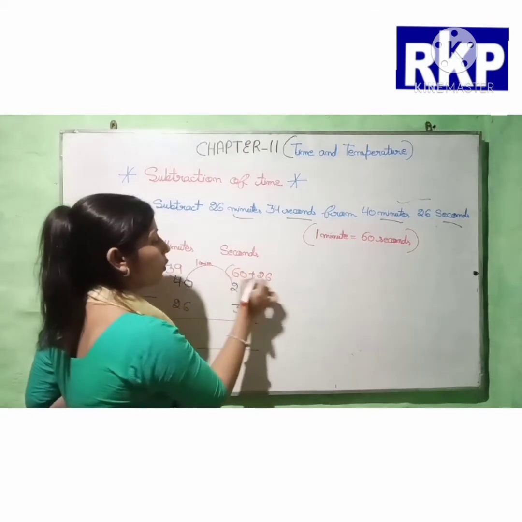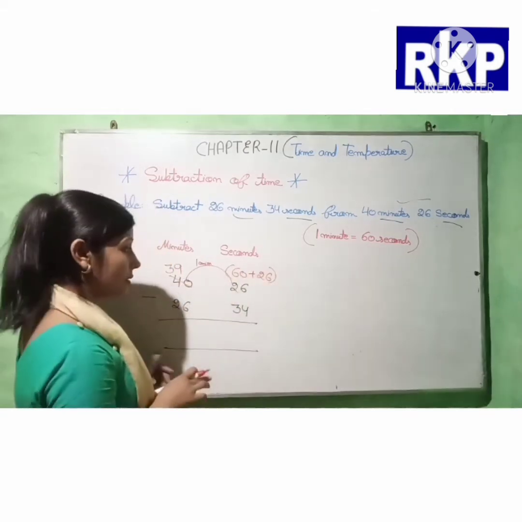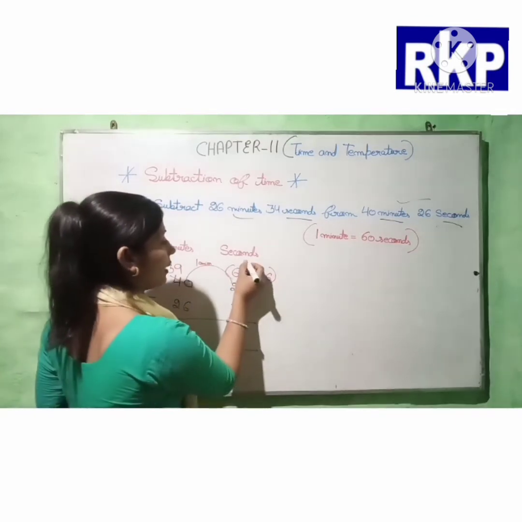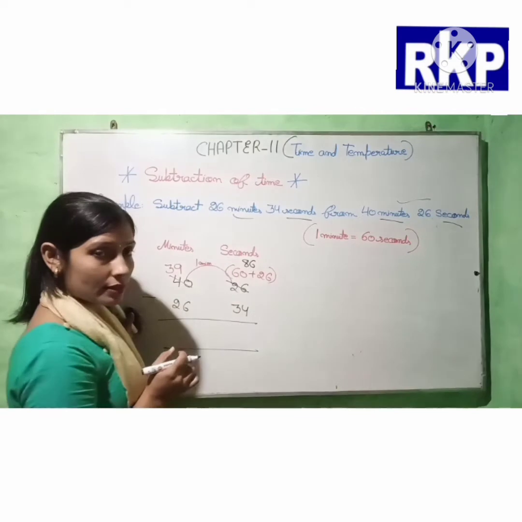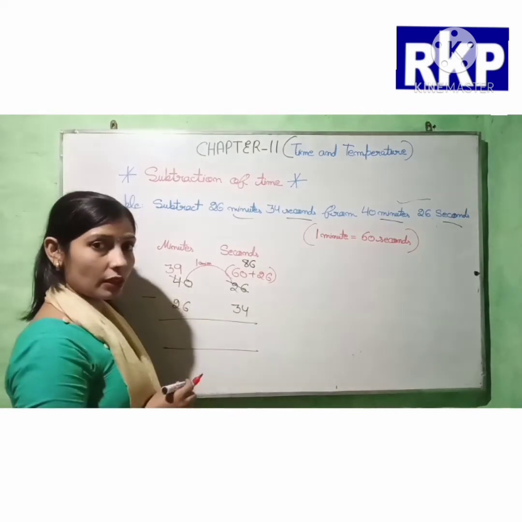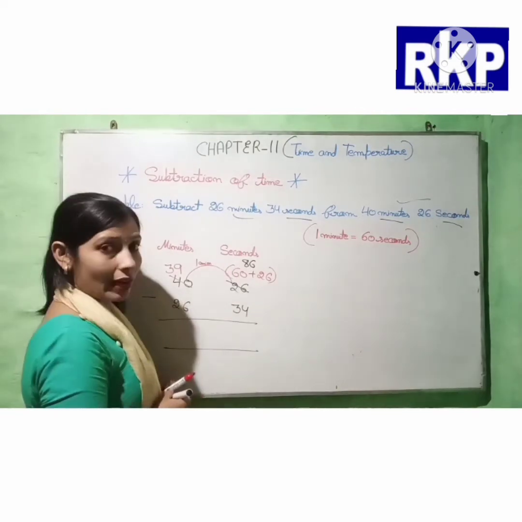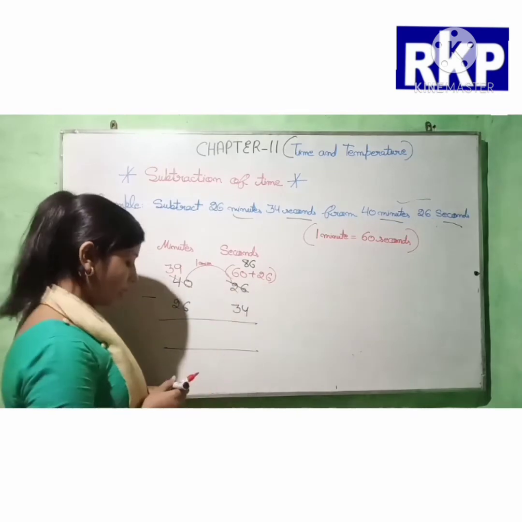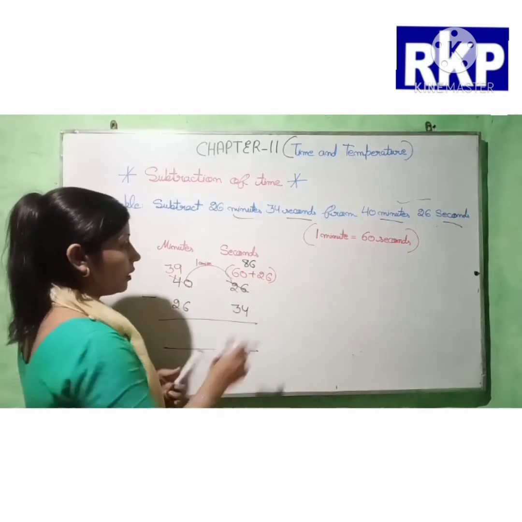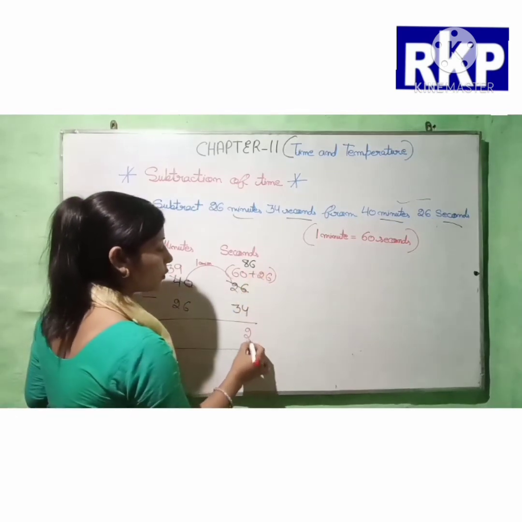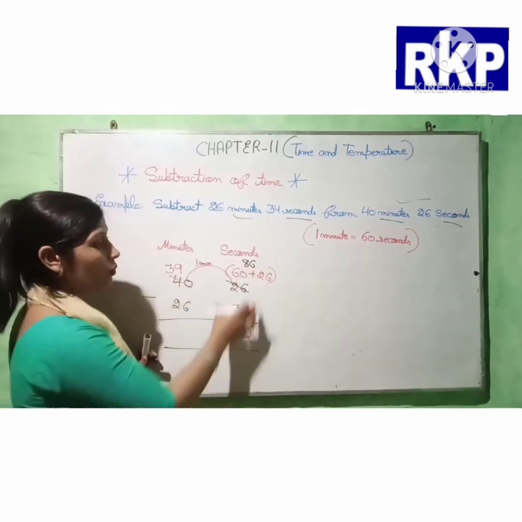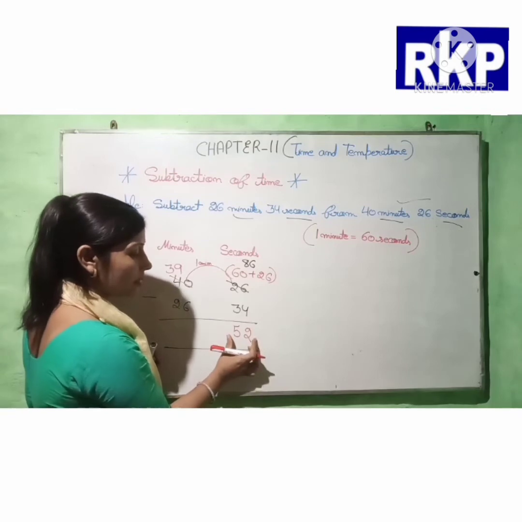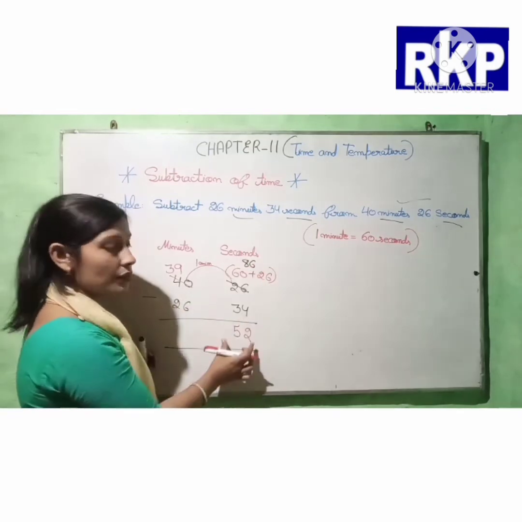Okay, so 60 plus 26 will be 86. So here we have 86 and here we have 34. Now we have to subtract 34 from 86. 6 minus 4 is 2 and 8 minus 3 will be 5. So in this column our answer is 52 seconds.